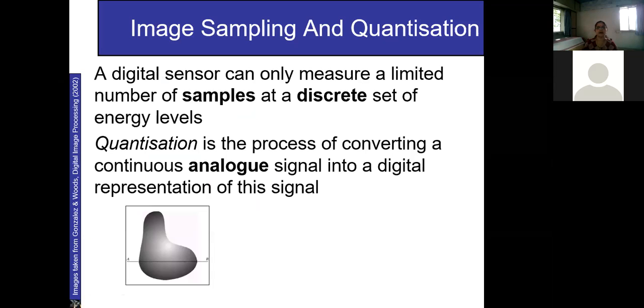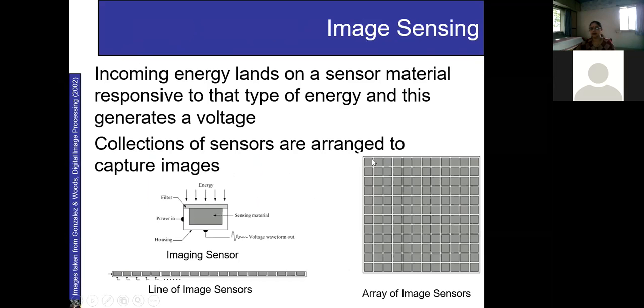Now let us have a look at the meaning of image sampling and quantization. A digital sensor can only measure a limited number of samples at a discrete set of energy levels. If you look here, there is an arrangement of sensors. The signal captured from sensors is not continuous in nature, but is available as discrete data.